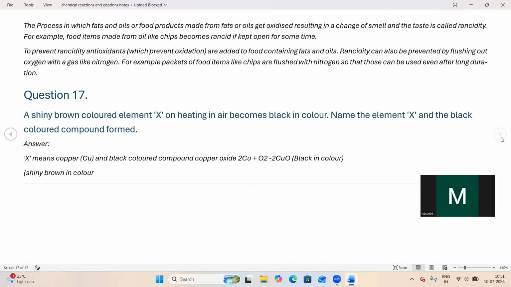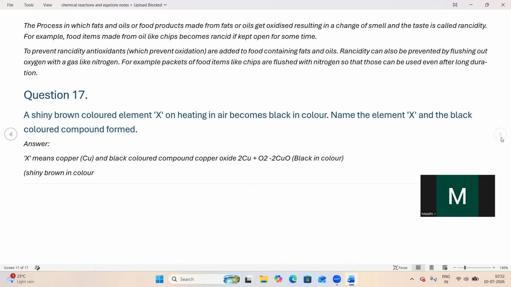Final question. A shiny brown colored element X on heating in air becomes black in color. Name the X. X is copper.